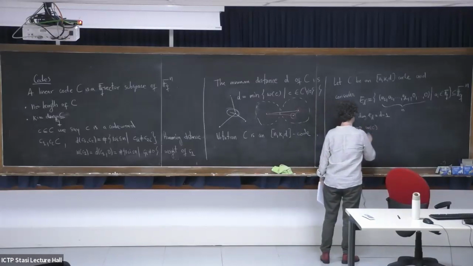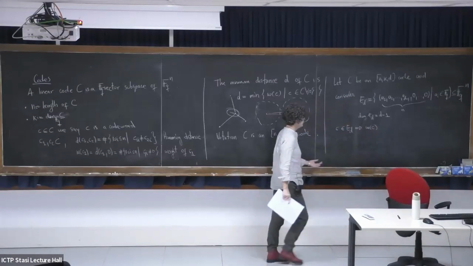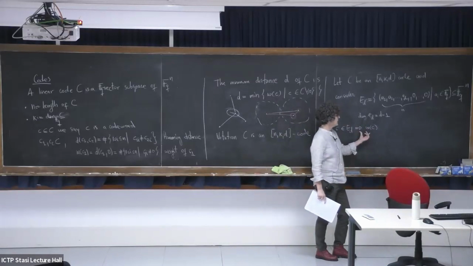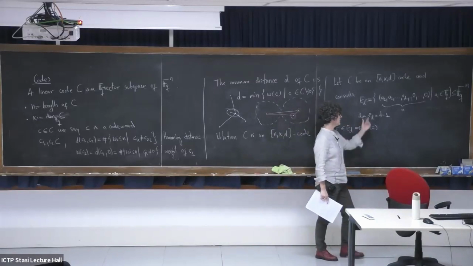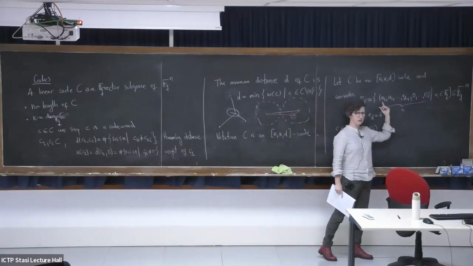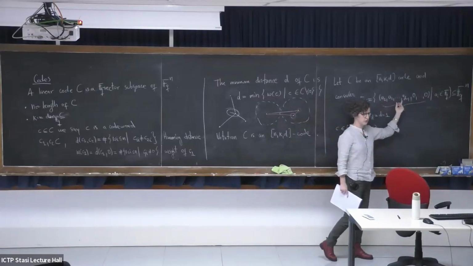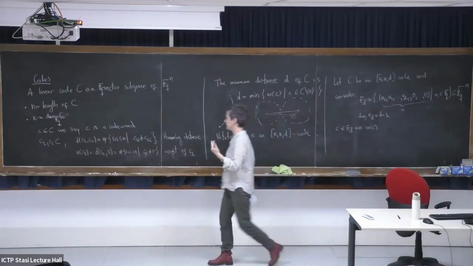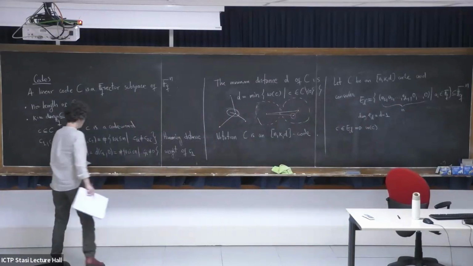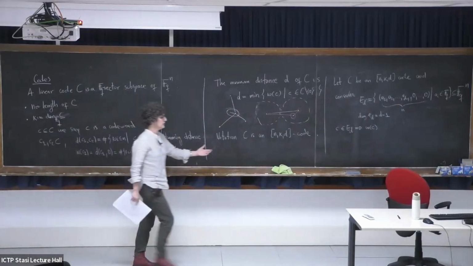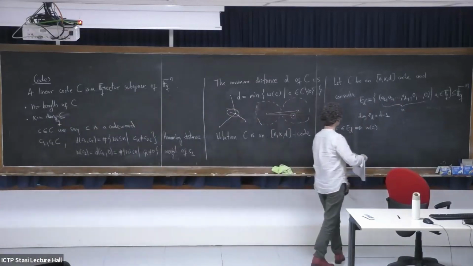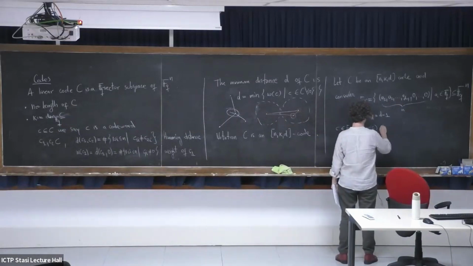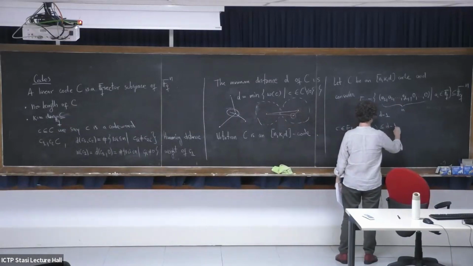Well, it has at most d minus 1 values not 0. The weight is the number of non-zero coordinates. So the weight of this codeword has to be less or equal than d minus 1.